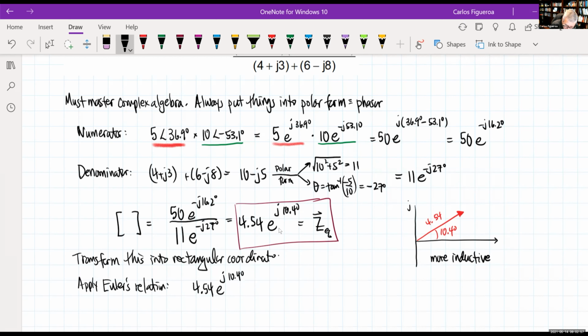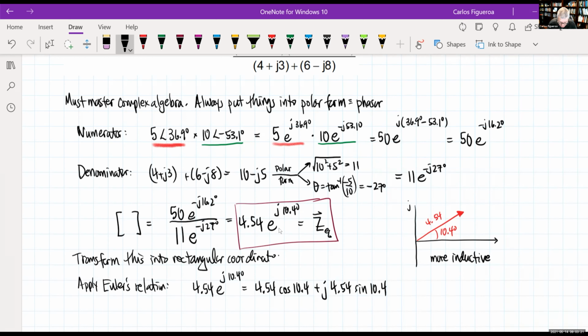I've got to be careful here. Let's just leave it like this. So it's going to be 4.54 cosine of 10.4 plus j 4.54 times sine of 10.4.